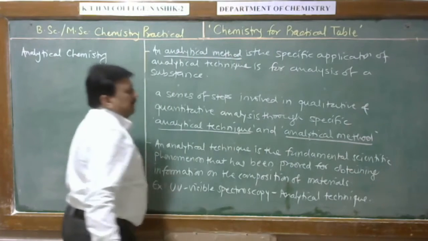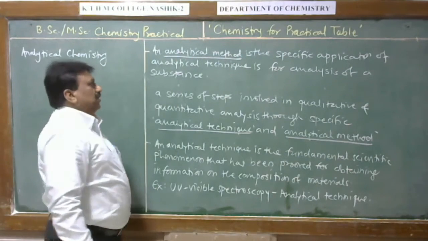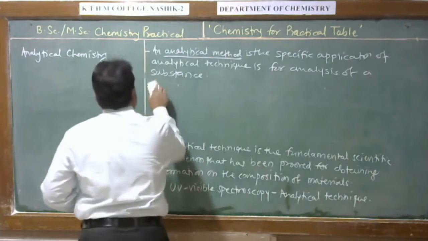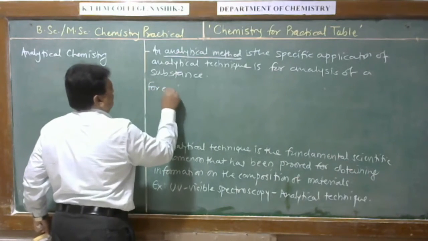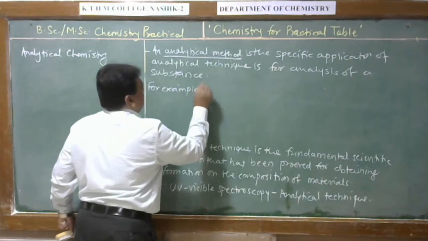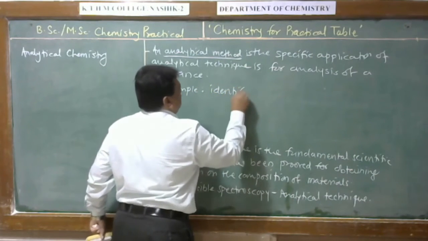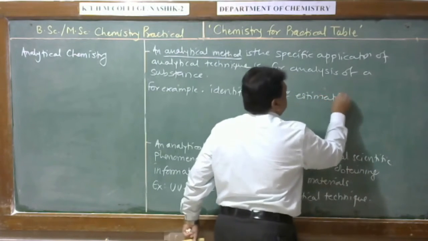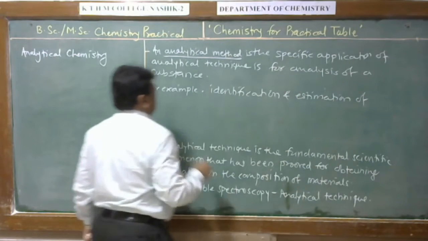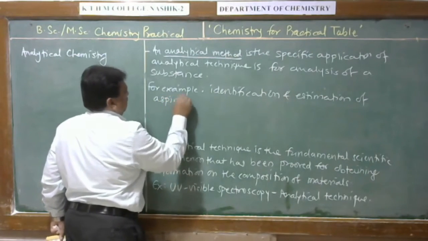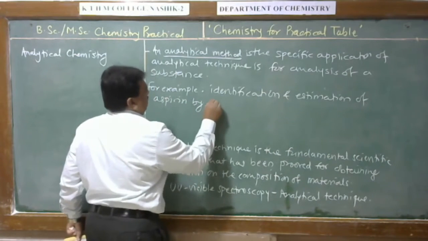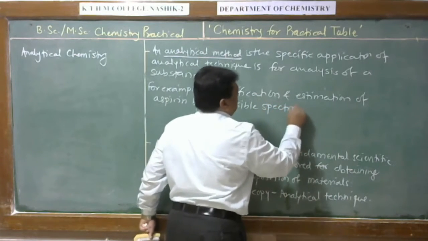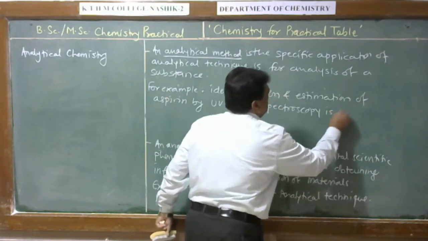Analytical method is an application of analytical technique for analysis of a substance or a sample. For example, identification and estimation of aspirin by UV visible spectrophotometry is the analytical method.